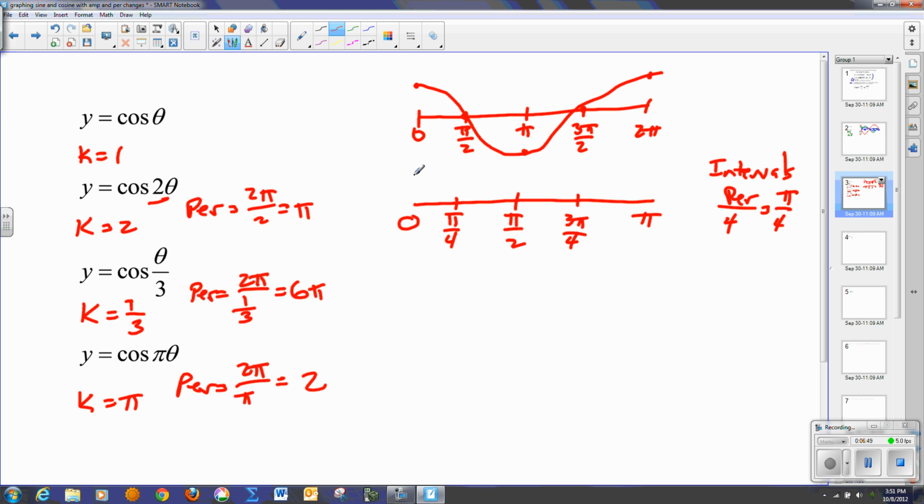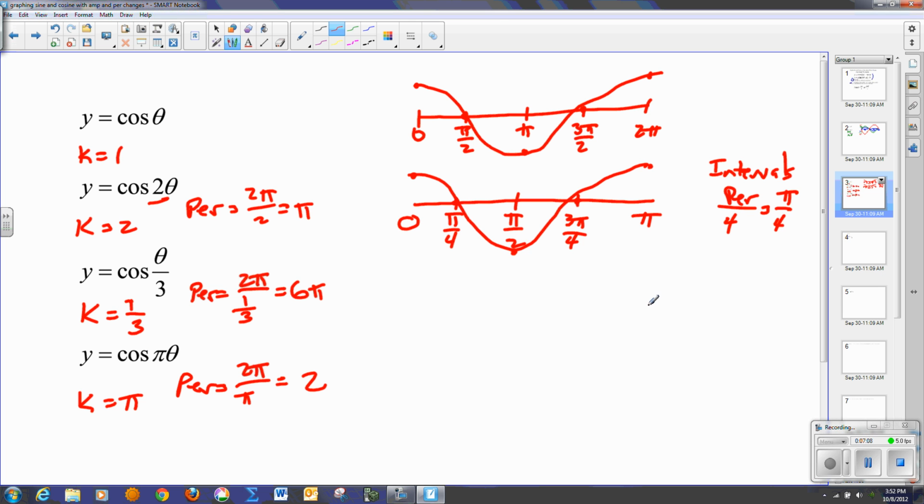And again, this graph is going to be the exact same. I've just changed all my x values by that new multiple. So you'll notice it's the same graph.